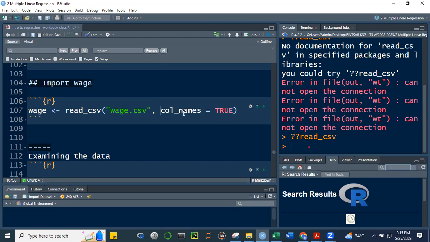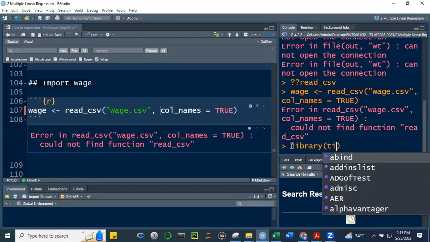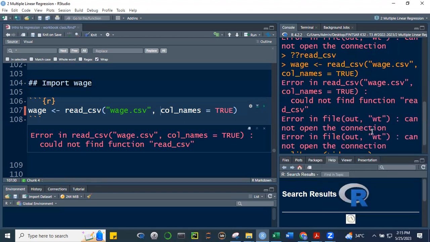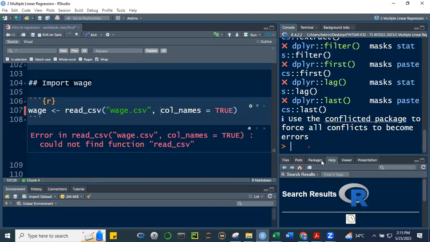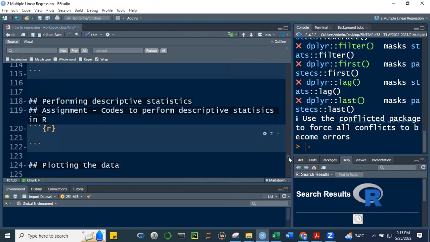All right, col_names is equal to TRUE. Let's run this. And automatic, oops. Okay, could not find function read underscore CSV kasi dapat tong read underscore CSV nasa tidyverse siya. So i-load ko muna si tidyverse. Okay. Once I'm able to load tidyverse, nasa readr din, no? But it's already loaded here.